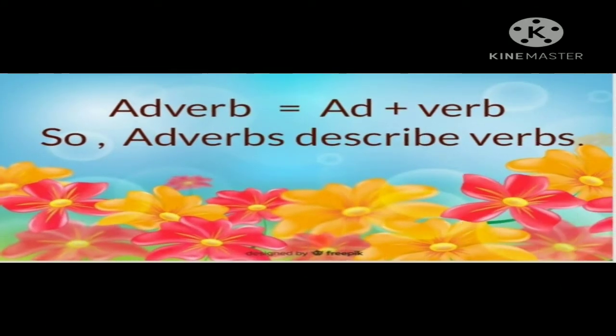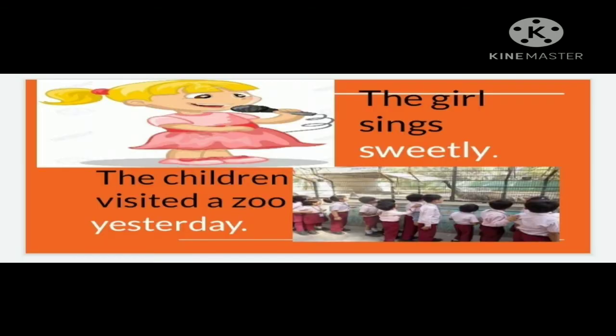Children, when we break the word adverb into two or bring out the prefix, it gives us add plus verb. So simply we can say any word which adds something to the verb or tells us something more about the verb, that is an adverb.